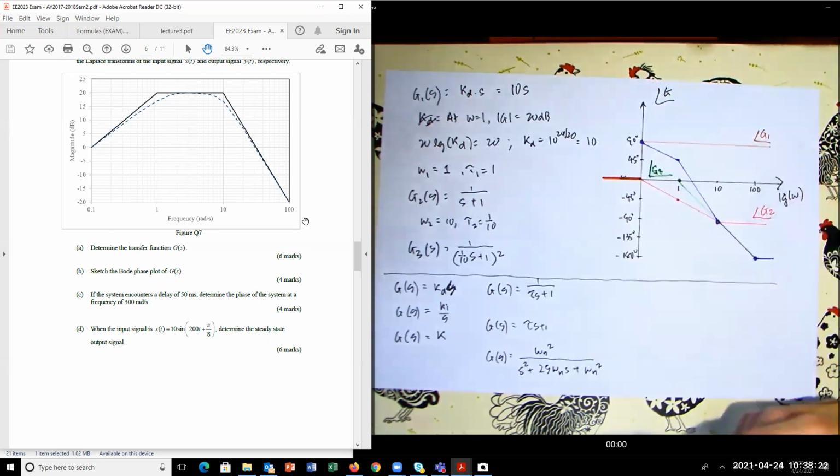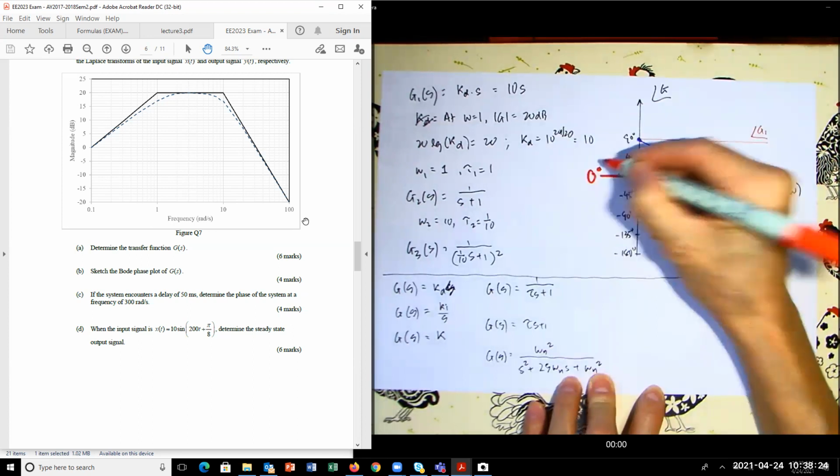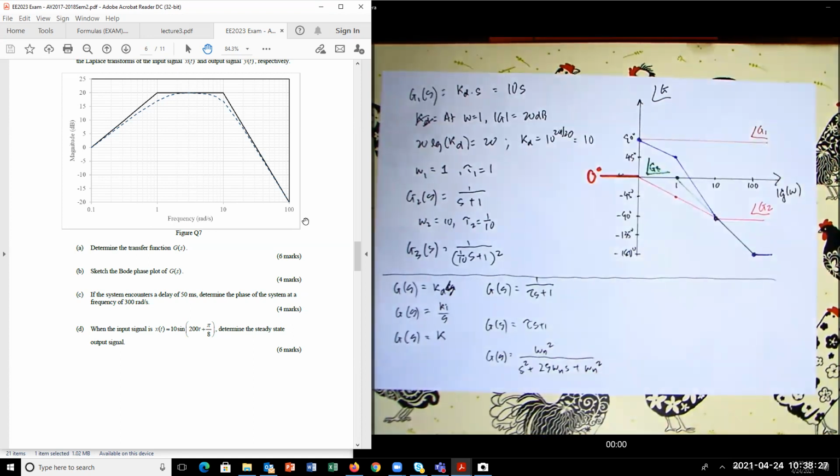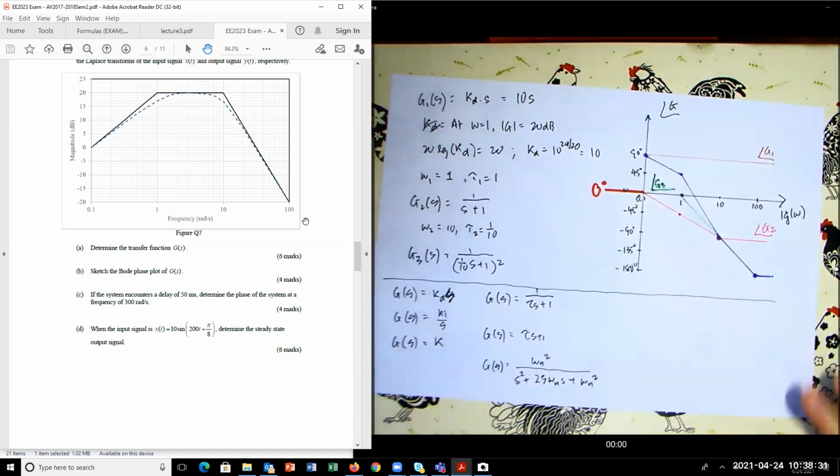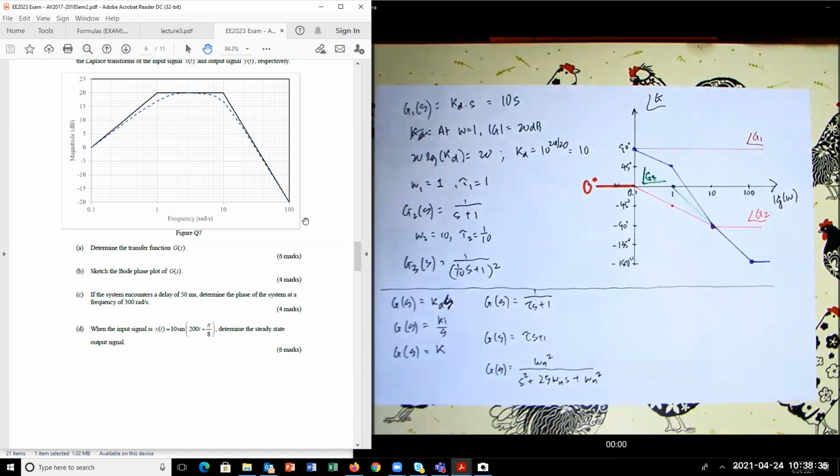I'm saying it's 0 degrees here, and one decade before that, this number here is 0.1 radians per second. Oh, okay, because I thought that one is 0. No, there's no 0 on the log graph, unless you have a newly invented log graph. There's no 0 on the log graph.